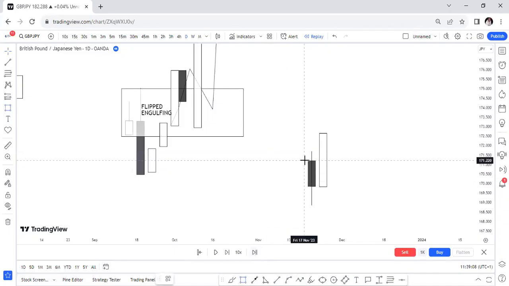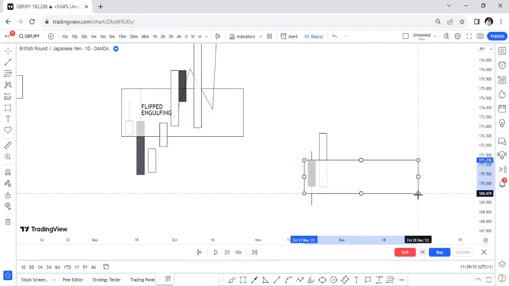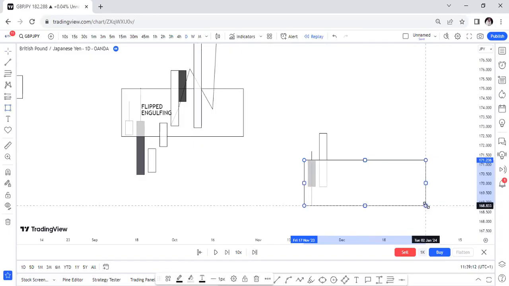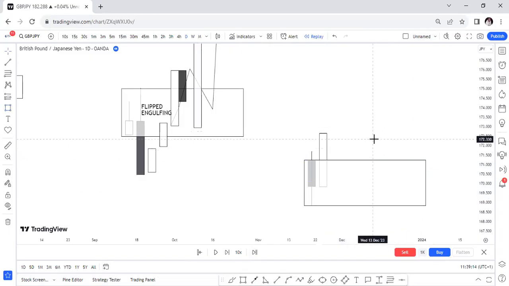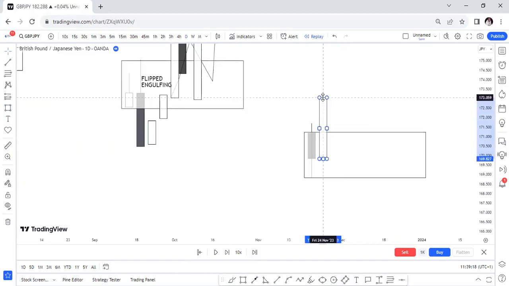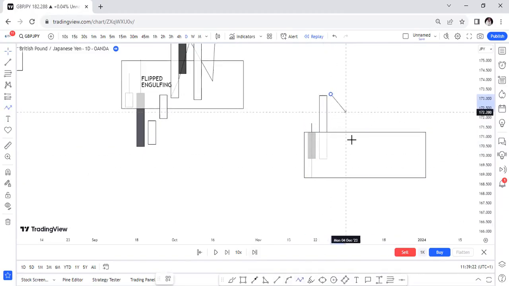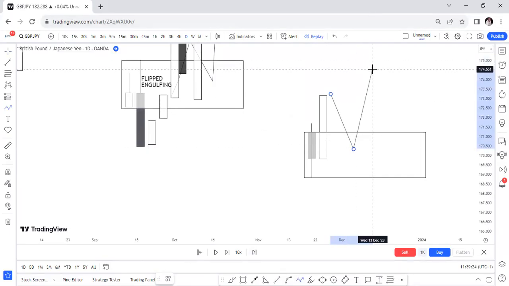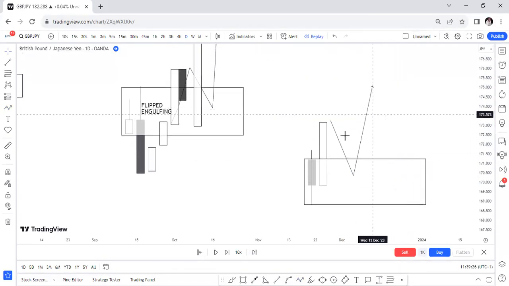What you need to do is mark out this zone, looking for price to come into it. This is a bullish engulfing pattern, so our expectation is that price will come into the zone. So we buy into it, moving higher.